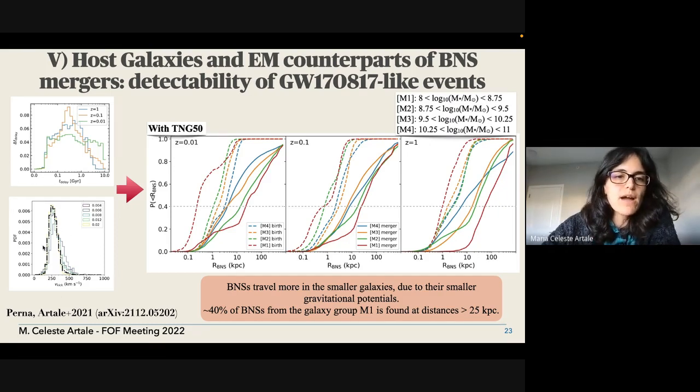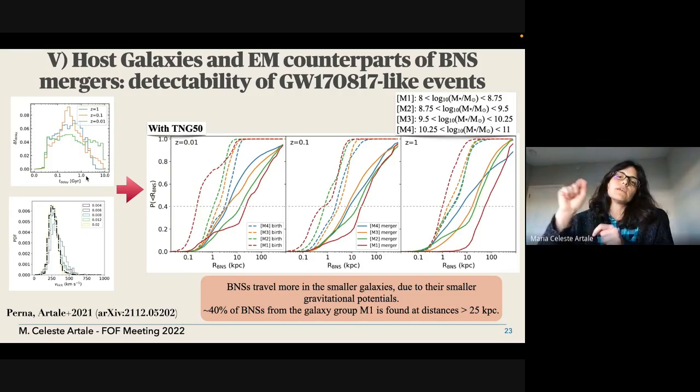Since we have the velocity kicks from our supernovae in these binary systems, and we also have the delay time distributions, by combining these two properties we can identify the position where the system formed and the position where the system merged.